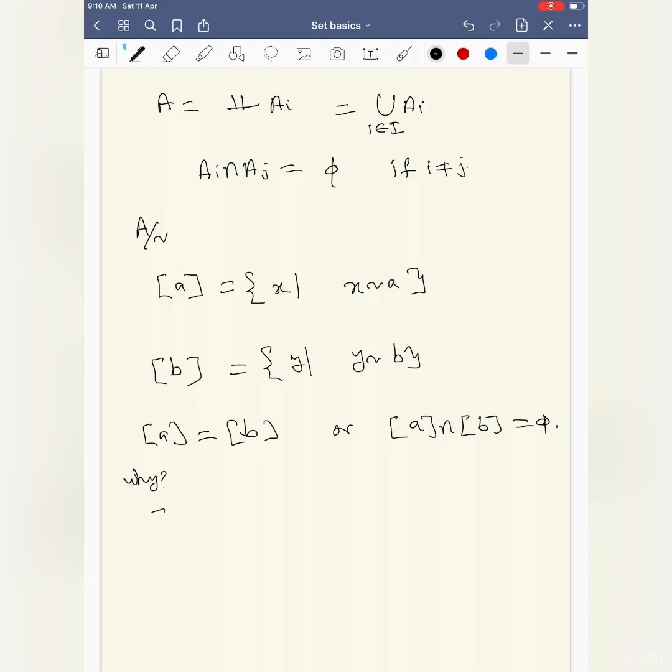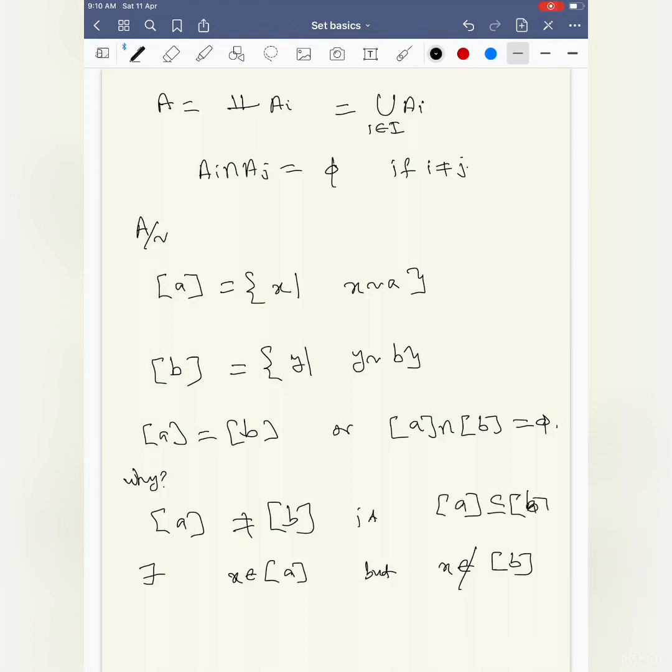Suppose class a is not equal to class b, that is, there exists x belonging to class a but x does not belong to class b. It may be possible in the reverse role too, that there is one element in class b that is not in class a.